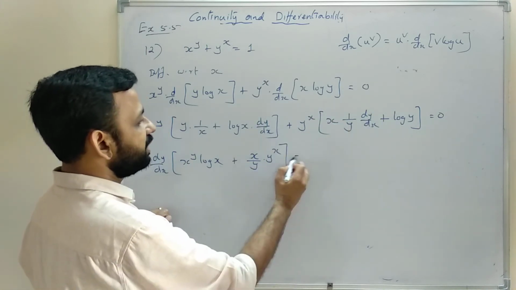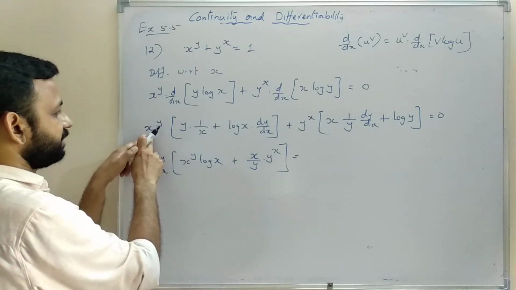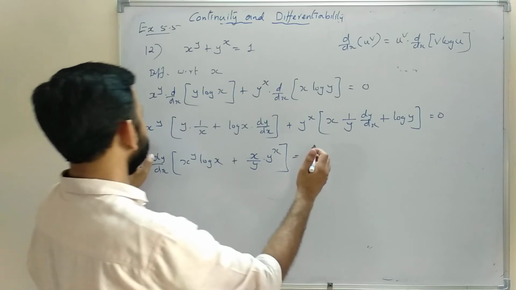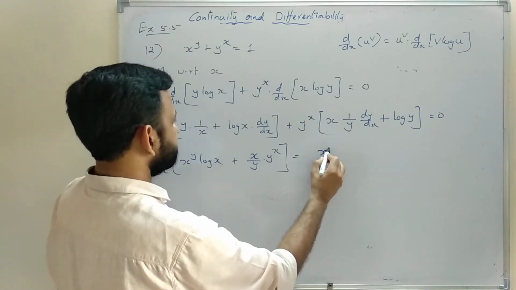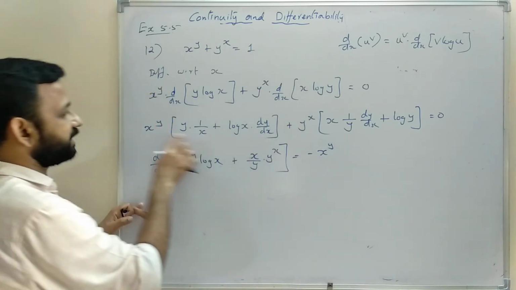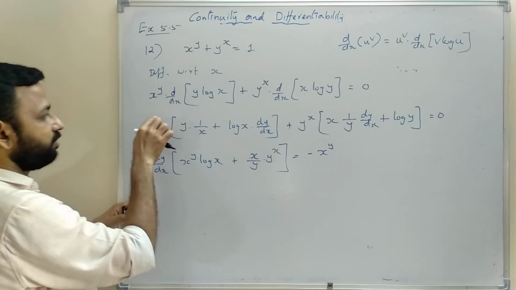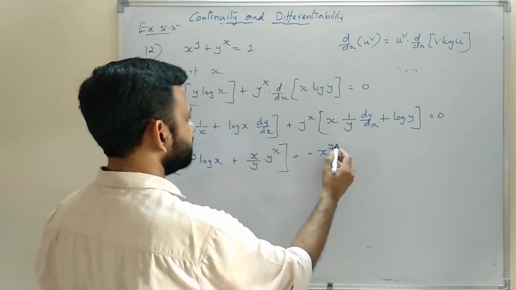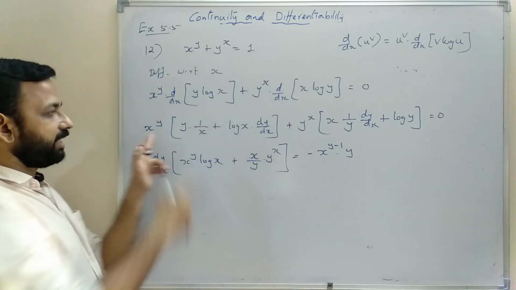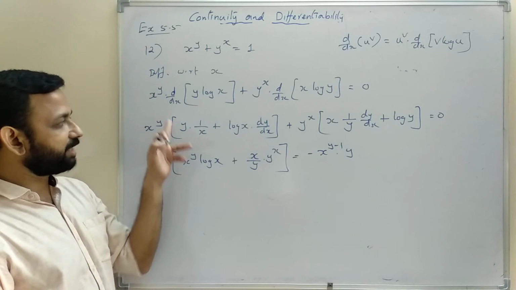Now we can take the rest of the terms from left to right. The rest of the terms are x raised to y into y by x. When we take it from left to right, it will be minus x raised to y into y upon x, or we can combine this: x raised to y divided by x raised to 1, that is x raised to y minus 1, into y.